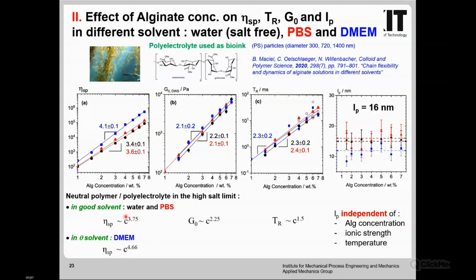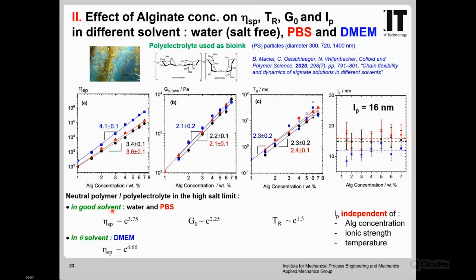But in DMEM, in the cell culture medium, we have a deviation. We have a higher exponent, which is much closer to what is obtained for a polymer in theta solvent. So basically, alginate in DMEM has chain-chain interactions, which is not the case in water and in PBS. So we get this alginate conformation information from DWS measurements.